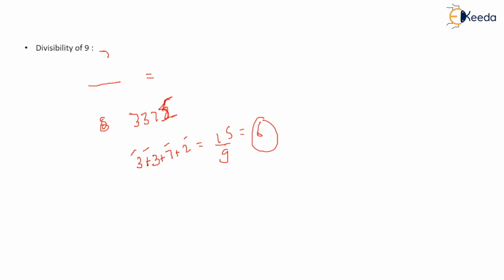After adding this, 6 plus 7, that is 13. 13 plus 5, that is 18. 18 is divisible by 9, that is, yes, it is divisible. So that's how you have to check for 9.